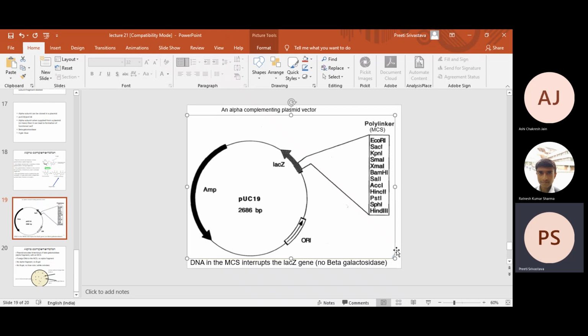Yes, Ashi, Ragdesh, yes, ma'am. So for screening the chromosome, we can do restriction digestion with any of these enzymes, and when it is digested, then that gene will not be functional, and we can know that.